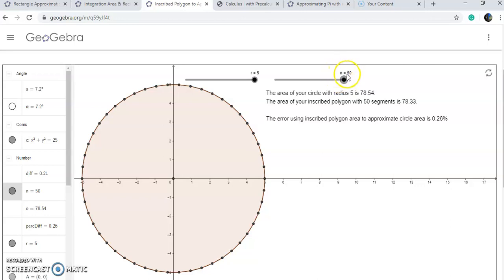With 50 sides, a polygon with 50 sides, the margin of error is 0.26, very similar. But if we approach infinitely many sides, we will have the precision, because the circle is a polygon with infinitely many sides.